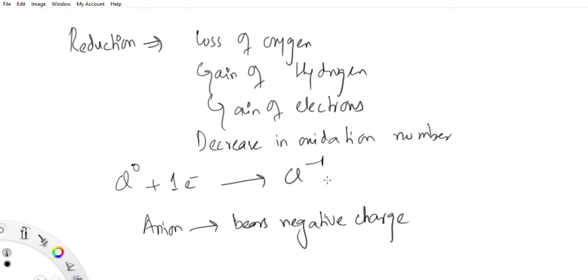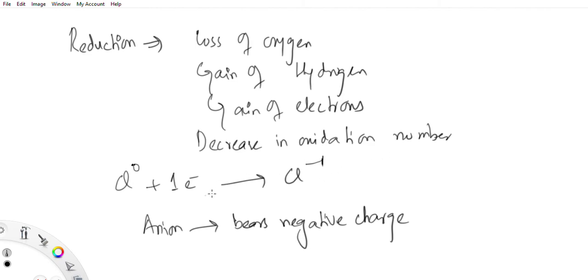Now you have noticed that in oxidation we had written those lost electrons on the right hand side, but here in the case of reduction we have written the electrons on the left hand side. What's the reason? In oxidation we defined it as loss of electrons, so they were written on the right side.